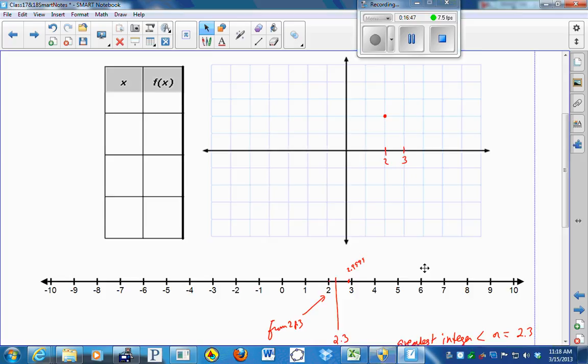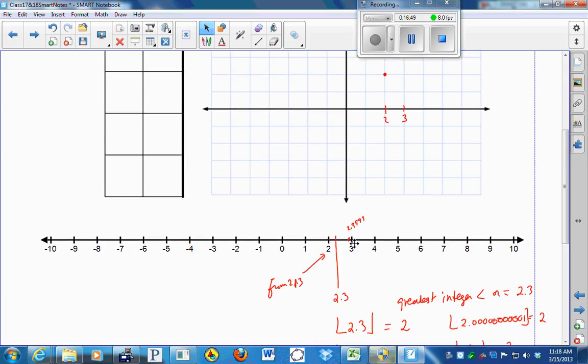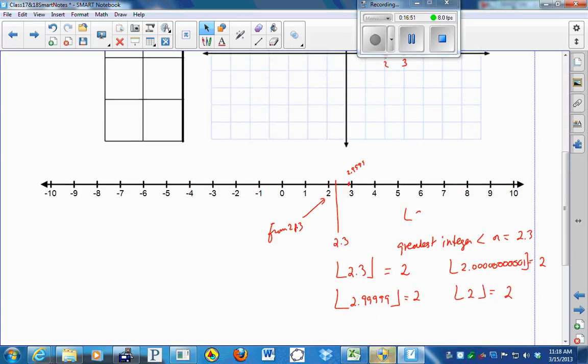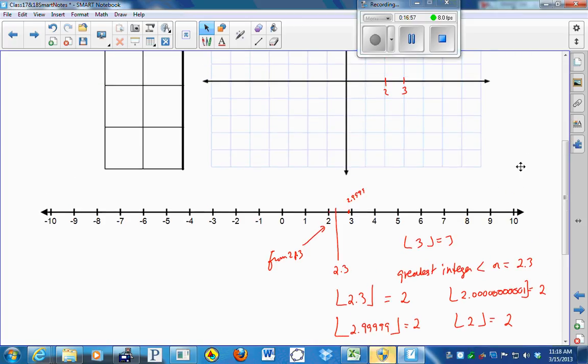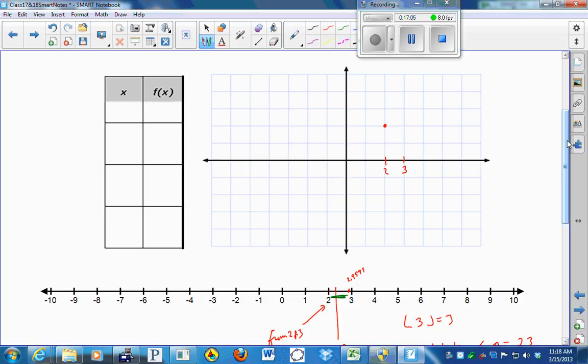If I go into my greatest integer function being the number 3, what do I come out to be? 3, right? But if I'm any number in between 2 and 3, I'm going to get the tag of being a 2. So I'm constant over this interval. I'm 2 all the way until I get to the integer 3.